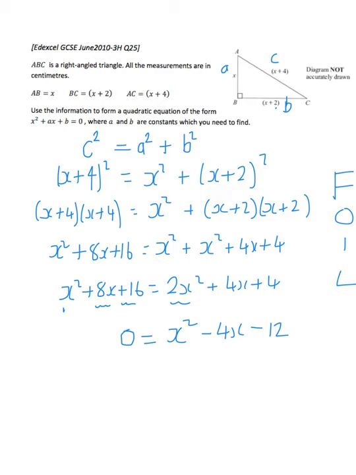So therefore, my a, the coefficient of x, the number in front of the x, is minus 4, so a equals minus 4. And the constant b, the number on its own there, is minus 12. So a equals minus 4 and b equals minus 12.